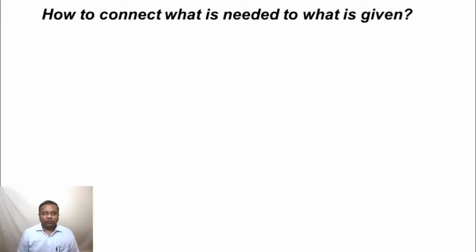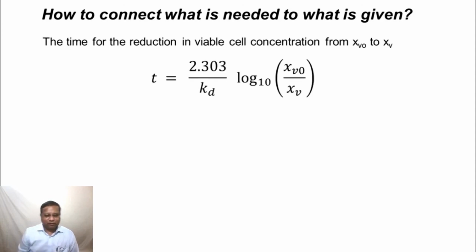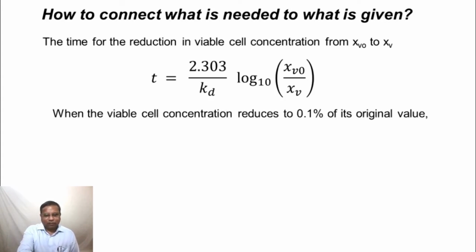How do we connect what is known to what is needed? The time for reduction in viable cell concentration from xv naught to xv, we have already derived and seen earlier, equals 2.303 by Kd log to the base 10 of xv naught by xv. The condition of interest to us in problem B is when the viable cell concentration reduces to 0.1% of its original value.